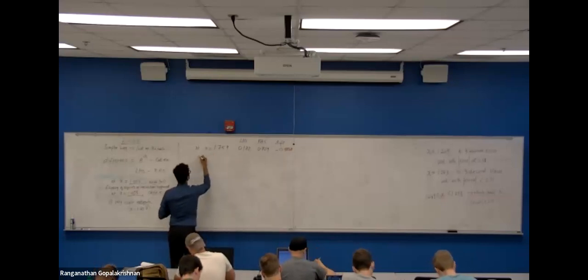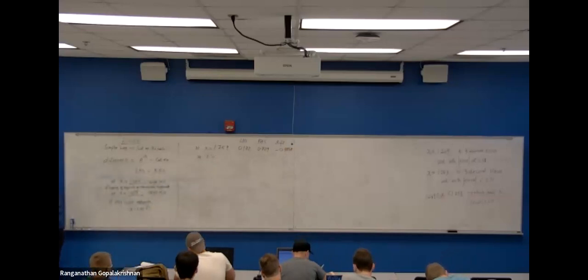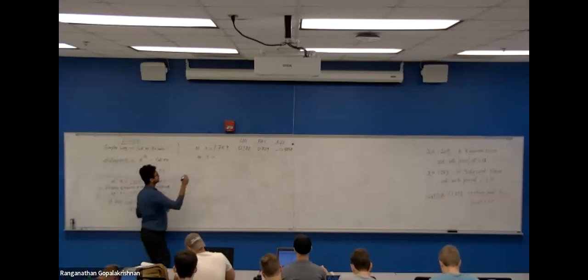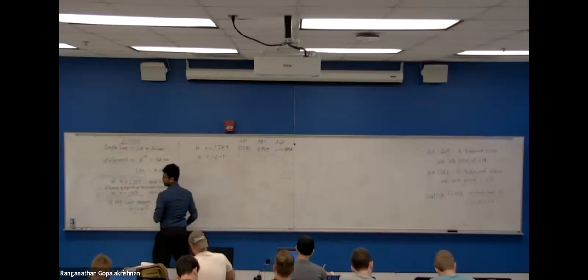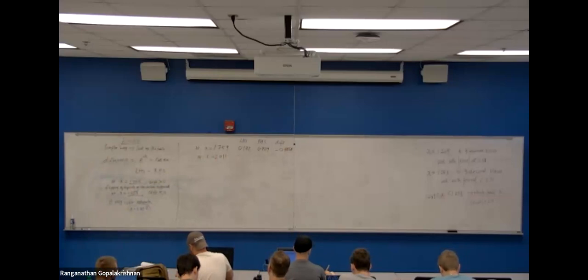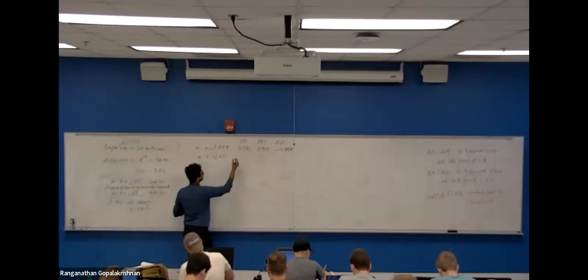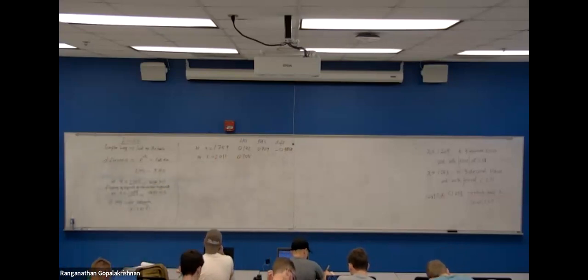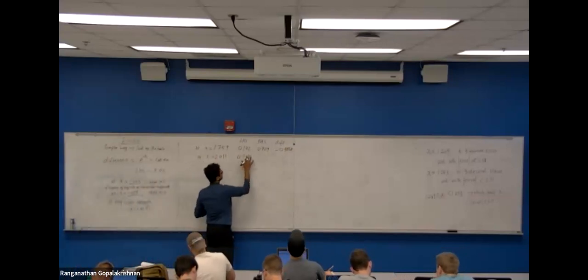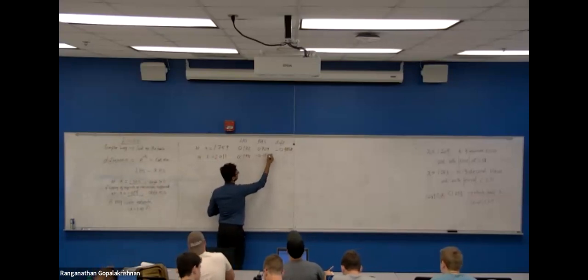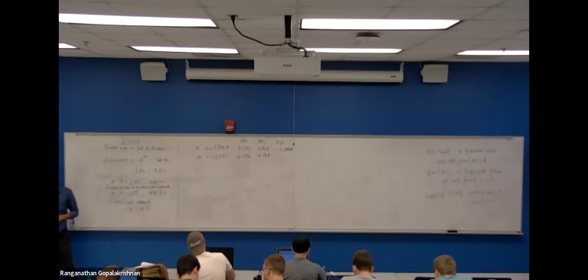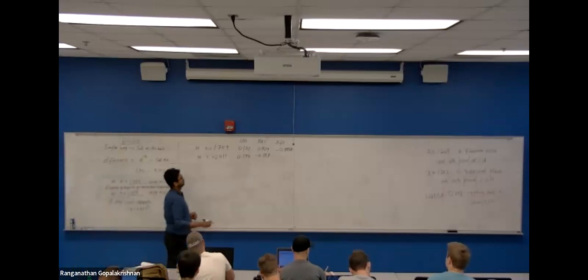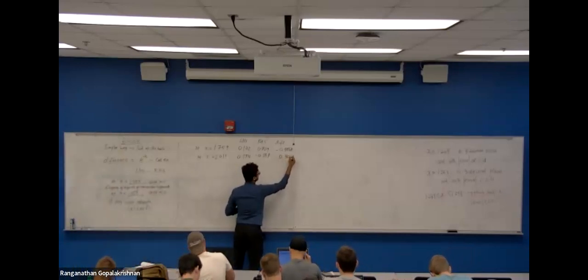And at x equals 2.011, LHS is 0.104. Wait, did I get that right? No, 0.134. 0.134 minus 0.187, and the difference is 0.3213.